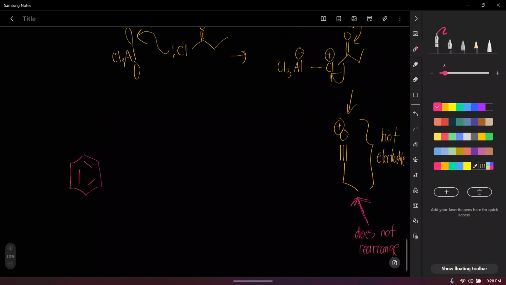But anyway, step 1, we made the hot electrophile. Step 2 is carbon is going to attack. And that's going to get me to here.